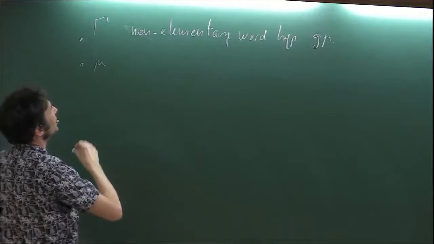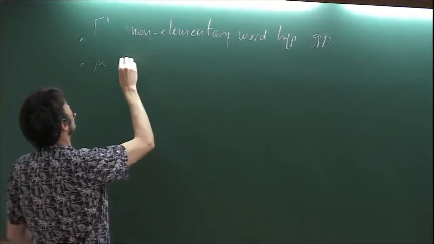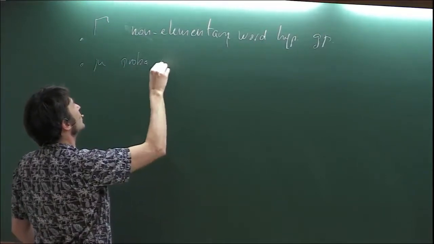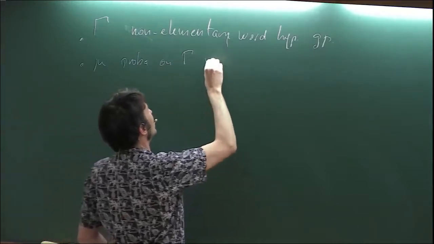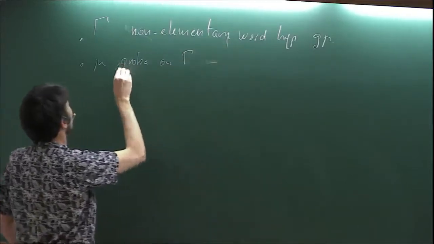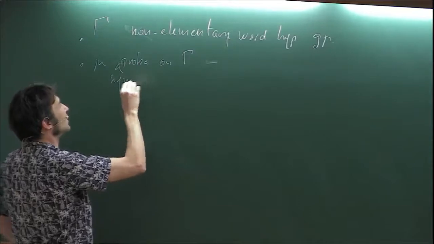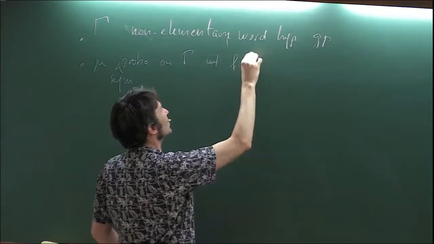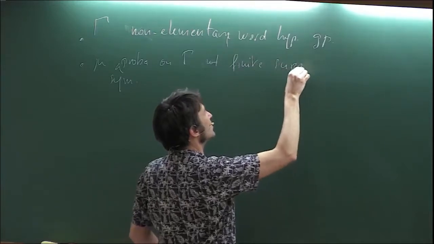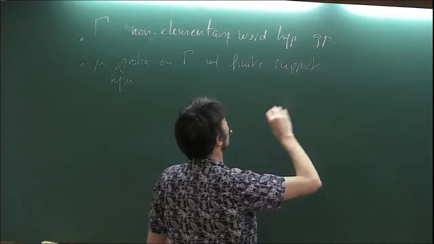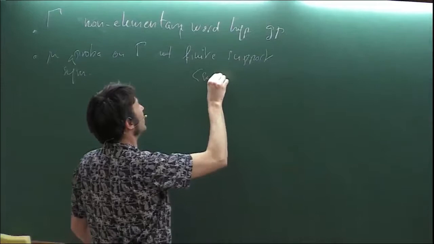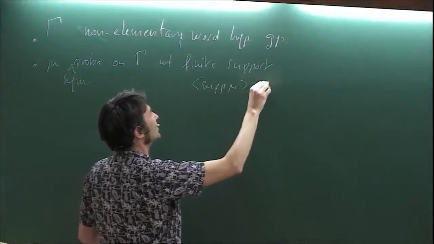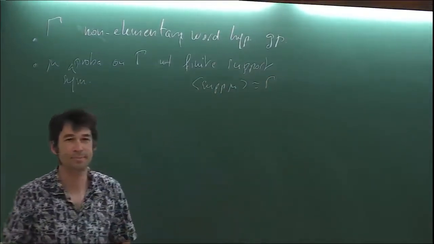Mu will be a probability measure on Gamma, which is symmetric with finite support such that it generates Gamma.